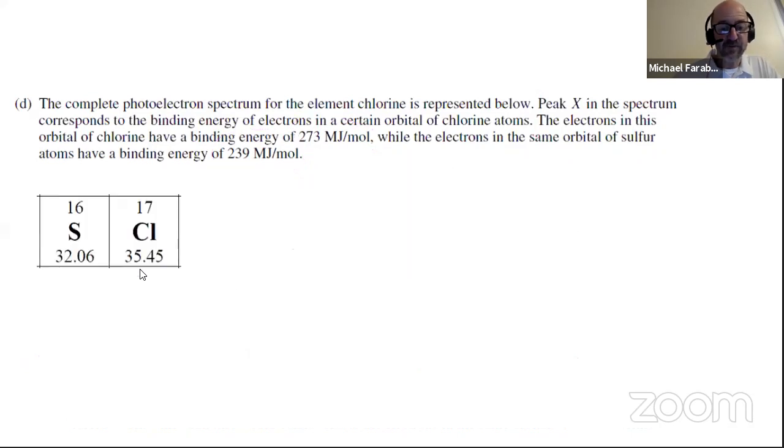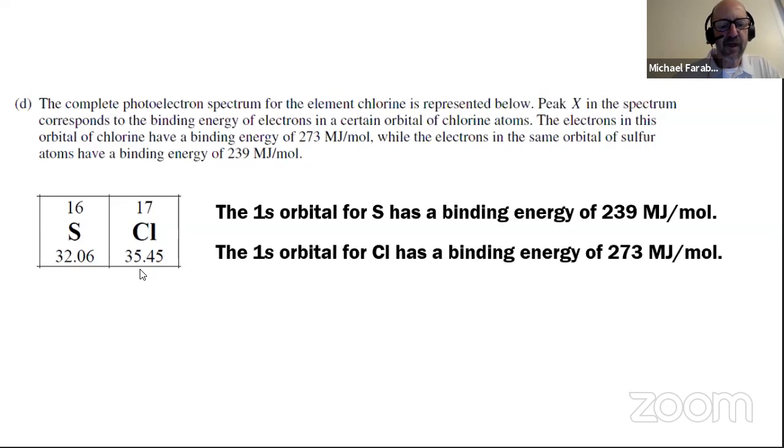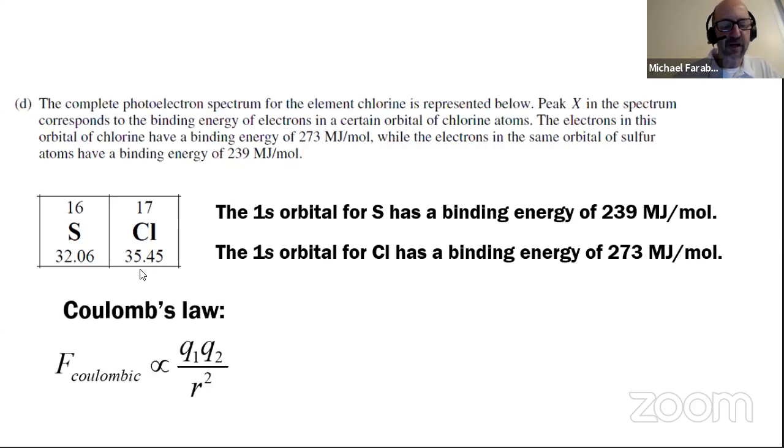Now, we talked about Coulomb's law earlier. We'll talk about it again. So the binding energy for the 1s orbital is 239 megajoules per mole for sulfur, and it is higher. It's 273 megajoules per mole for chlorine. Now, we're not going to talk about the distance between the nucleus and the outer shell. There is not a significant difference in size.